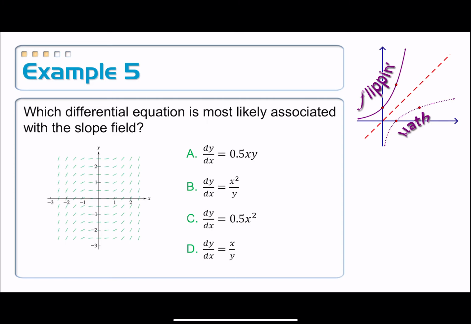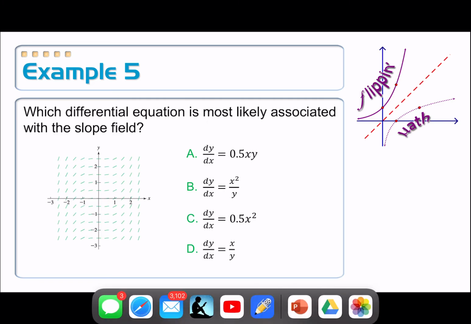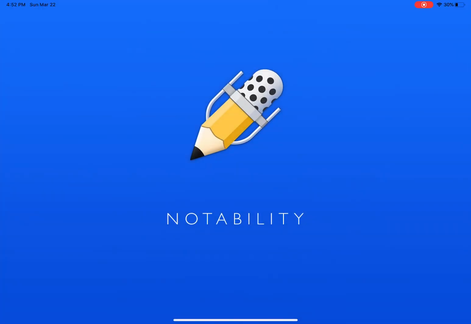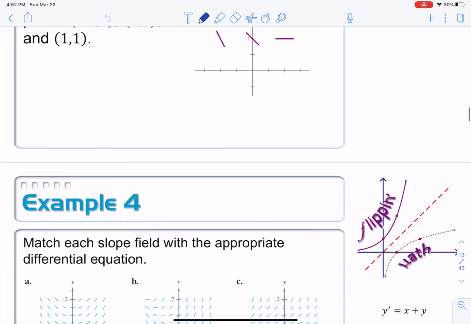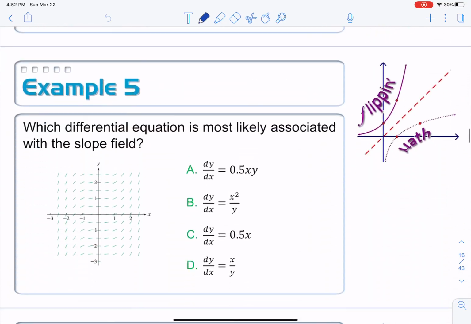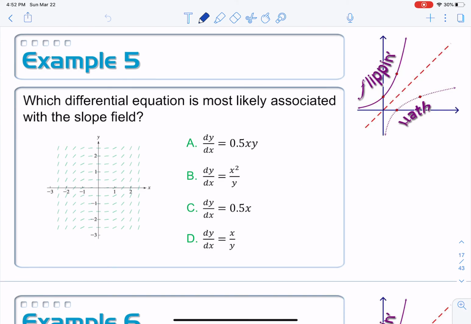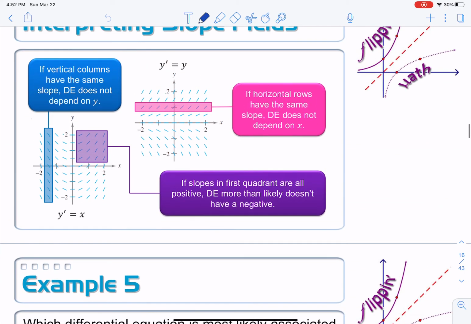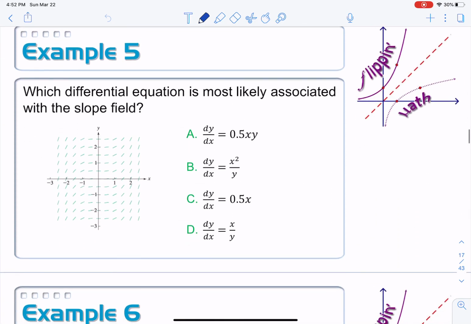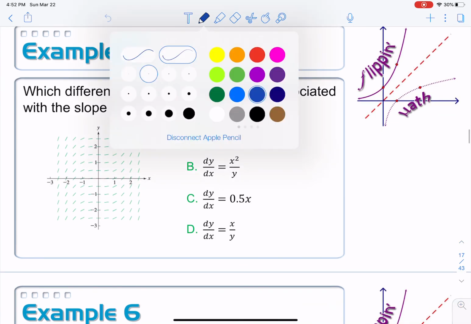All right, which one did you get? Let me actually come back over here to Notability so I can write on the screen. Okay, so notice that just like in this example here with the vertical columns having the same slope, the same thing is happening right here.